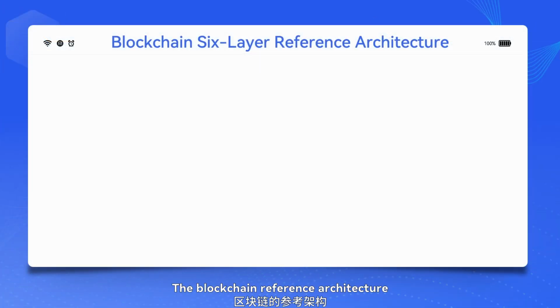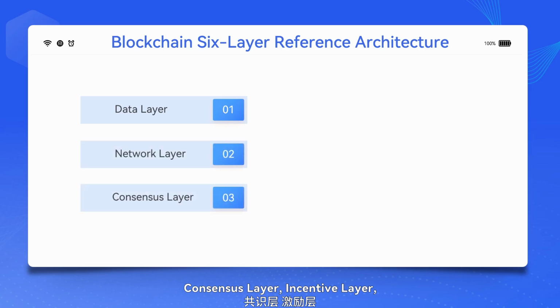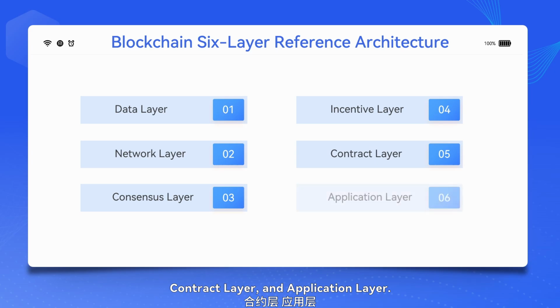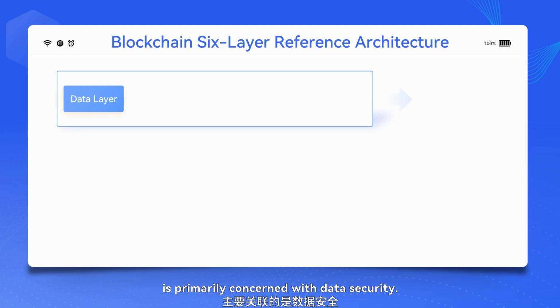The blockchain reference architecture primarily consists of a 6-layer model. From bottom to top, we can identify the 6 layers: data layer, network layer, consensus layer, incentive layer, contract layer, and application layer. The data layer at the bottom is primarily concerned with data security.